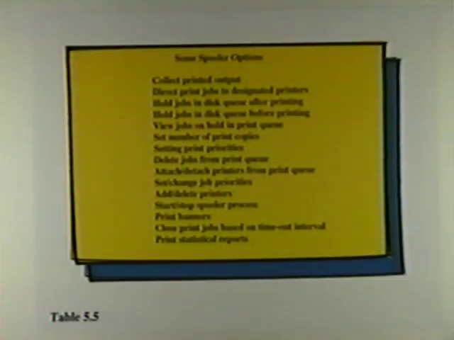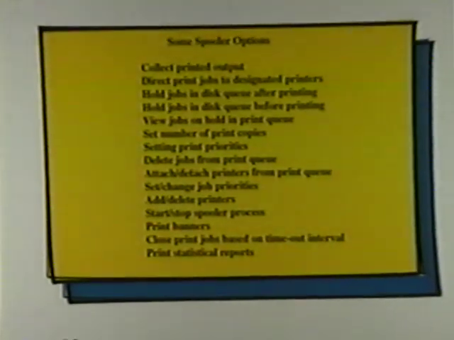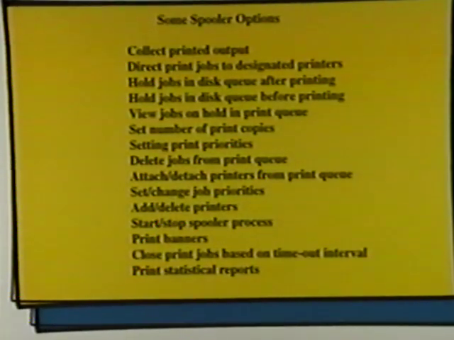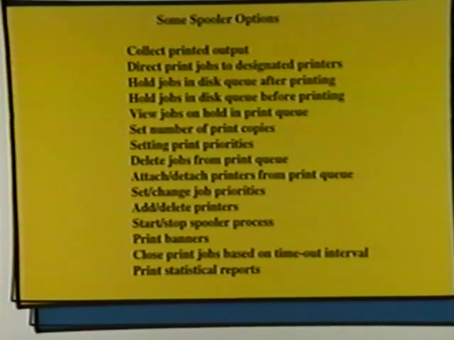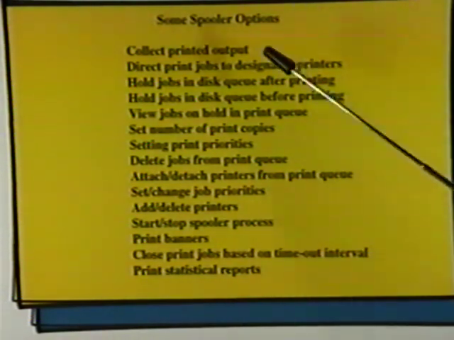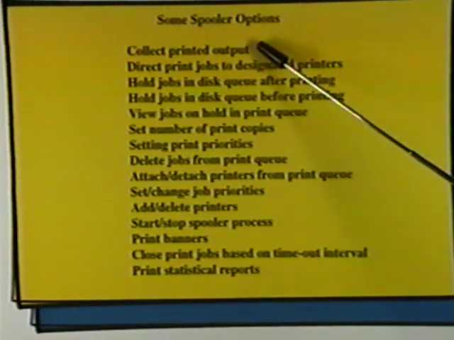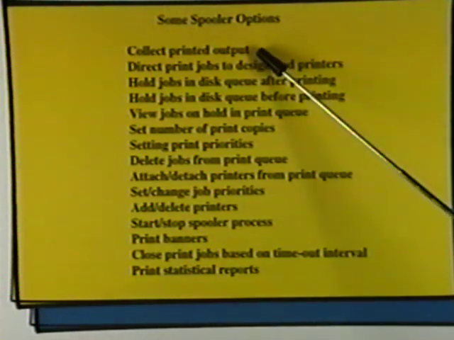Let's look at some other spooler options. Spoolers are very complex software programs. Let me zoom in for you here. And they have many different options. And let me just quickly list these. Collect printed output. That's one function, or an option we can set, on a spooler.